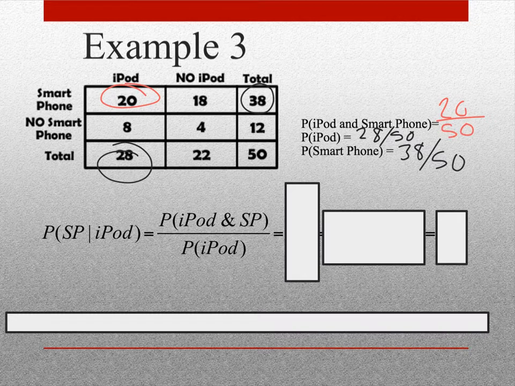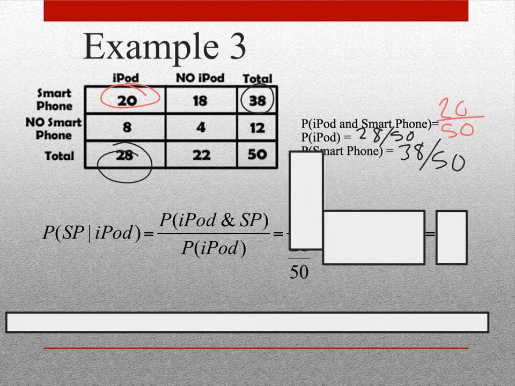All right. So now we're looking at what's the probability of it being a smartphone given that it's an iPod, right? I believe that's what the SP is, smartphone, given that we've already established that it is an iPod. All right? Well, the probability of iPod and smartphone we know is 20 over 50, and the probability of an iPod is 28 over 50. So I can divide those two.